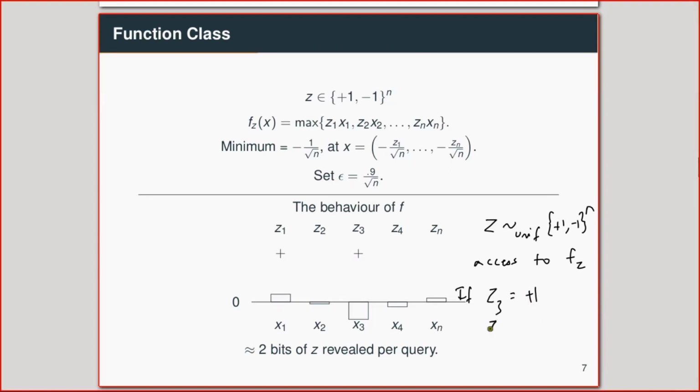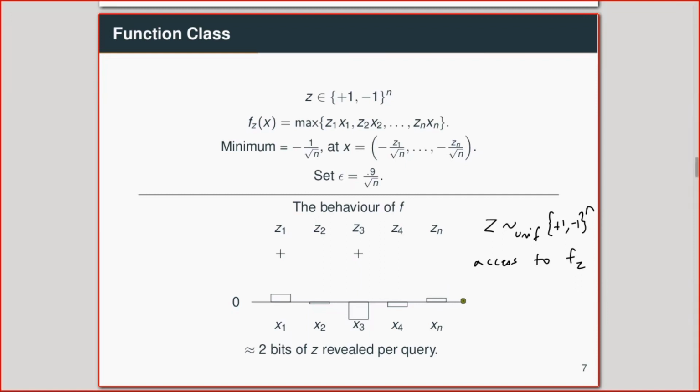And we would have to ask, okay, what if z1 is negative? If z1 is negative, then z1 x1 would have been negative, and then we would look at z4. But if z1 was positive, then we already know that f of x is basically z1 x1. Right? So with half probability, we would have been stuck at z3. With half probability, we would have passed z3 and seen z1 with 1/4 probability. And with 1/8 probability, we would have gone to z4. All right, thanks, hey, thanks for the question.